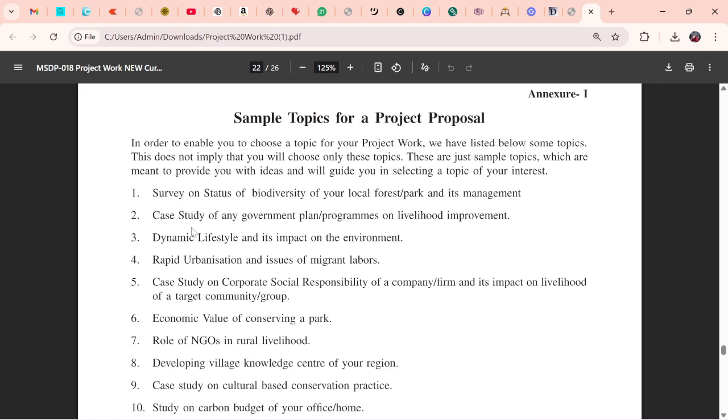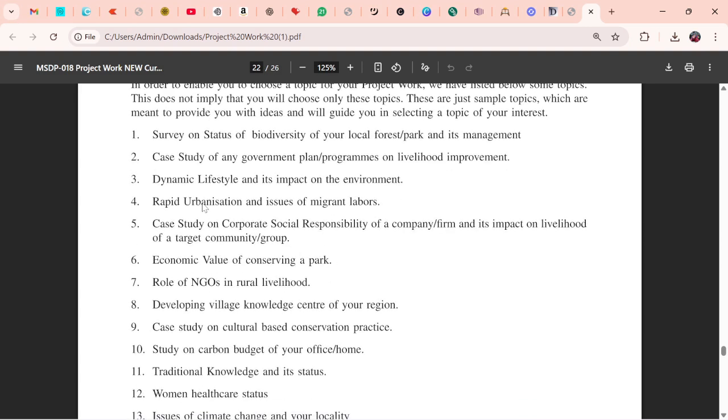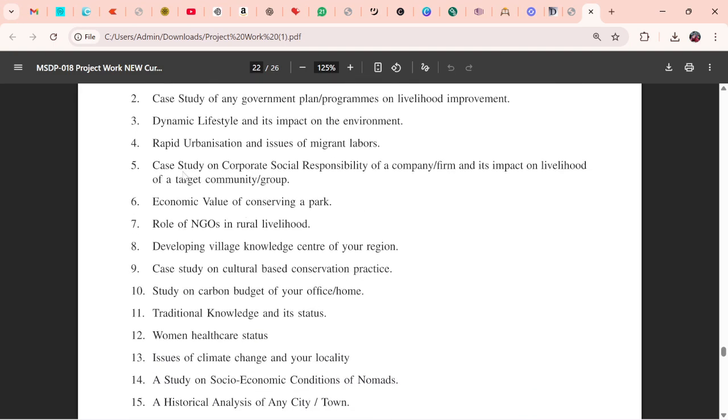Case studies of any government plan or program on livelihood improvement, dynamic lifestyle and its impact on the environment, rapid urbanization and issues of migrant laborers, a case study on the corporate social responsibility of a company or firm and its impact on the livelihood of the target community group.